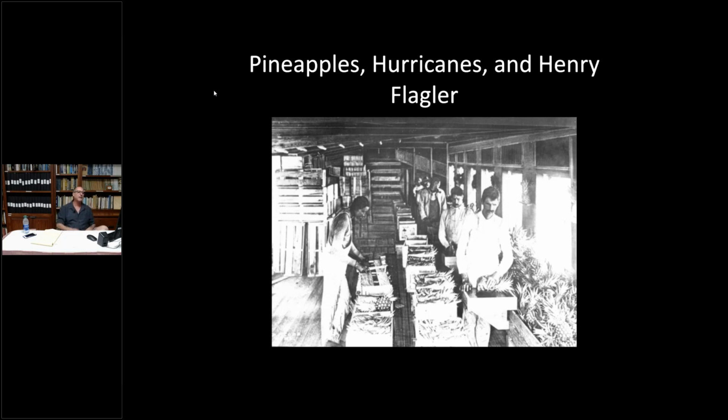The ferry would take them to Havana, and in Havana, those railroad cars would be filled with many staples coming up from Cuba, and one of those things was pineapples. Flagler charged a lower fee, a lower tax rate, to the Cuban pineapples than to the local pineapples grown here in the Florida Keys. And between that and the hurricanes, that really set the pineapple industry on its back.